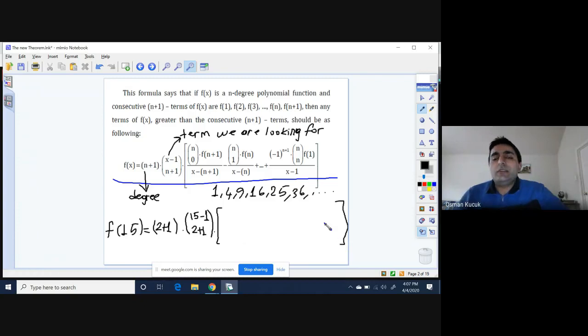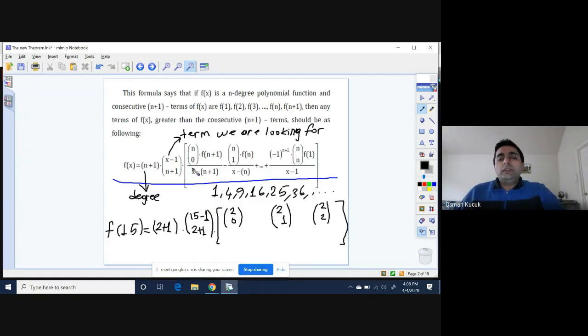In the parentheses, we need to use the binomial expansion. So, the binomial expansion, which is 2 combination of 0, 2 combination of 1, and 2 combination of 2. Some say 2 choose 0, 2 choose 1, 2 choose 2. But it is easy for me to say 2 combination of 0, 2 combination of 1, 2 combination of 2.